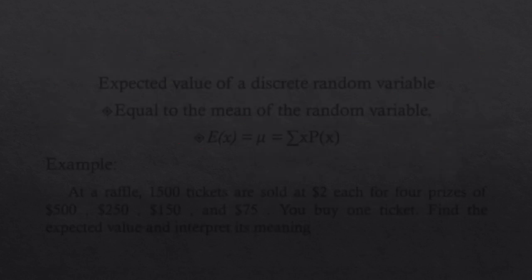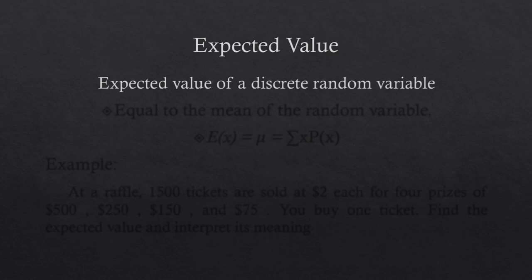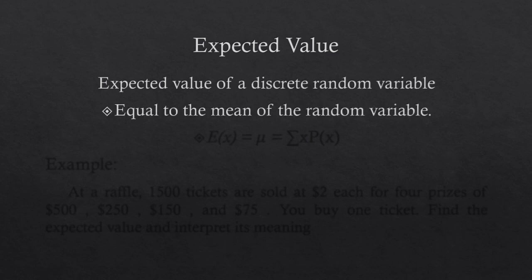So the last topic is expected value. The expected value of a discrete random variable is equal to the mean of the random variable. The formula is E of x is equal to mean is equal to the summation of x times p of x.